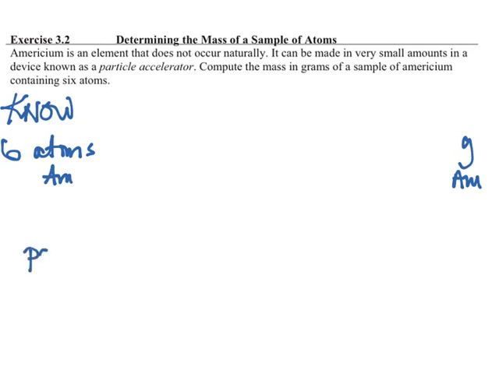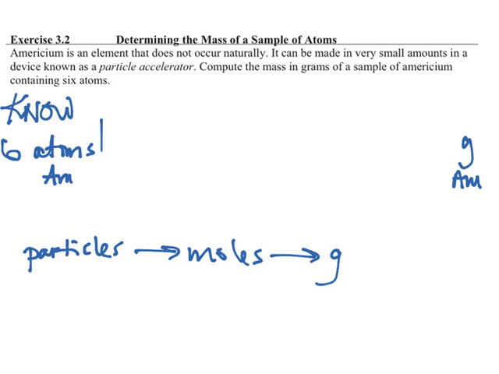So I'm going to really go from particles to moles and then to grams. Okay, so each one of those arrows is going to represent a conversion factor that I'm going to have to use. So the first step is going to have to take atoms and change it into moles.